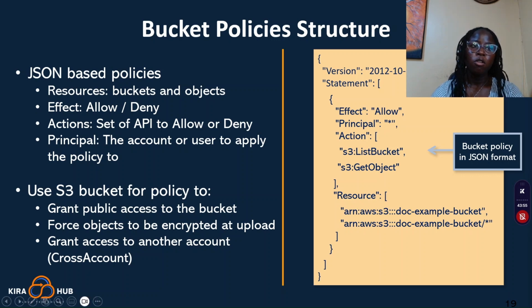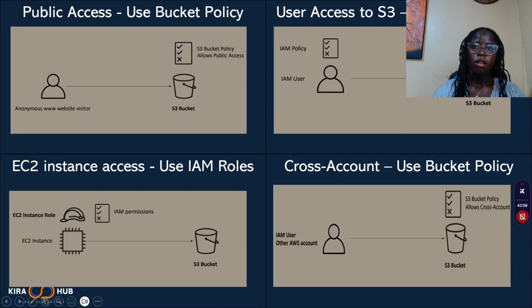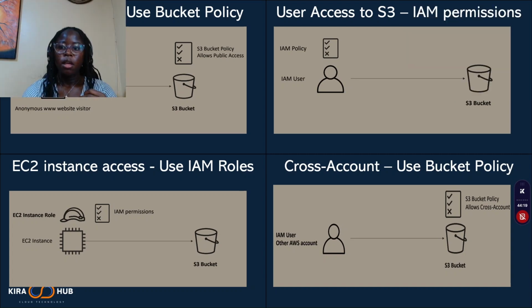Now, looking at some of the different permission policies that we have. For example, if you want to enable public access to a bucket, we are going to utilize a bucket policy. If you want to give a specific user permissions to access S3, then with the IAM permissions, we are going to edit their own permissions to give them access.